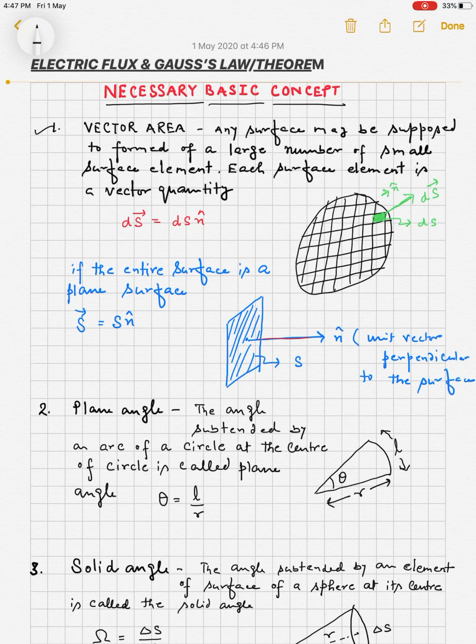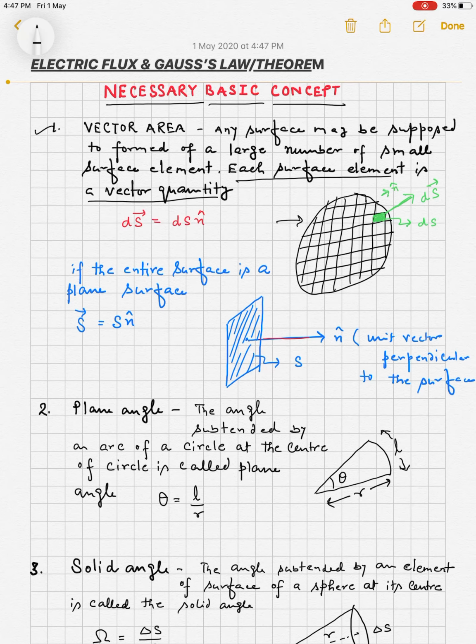So any surface may be supposed to form a large number of small surface elements. So there are a number of elements, and each surface element is a vector quantity.